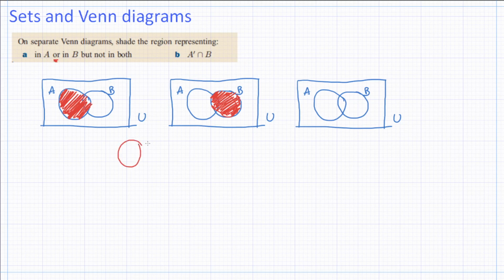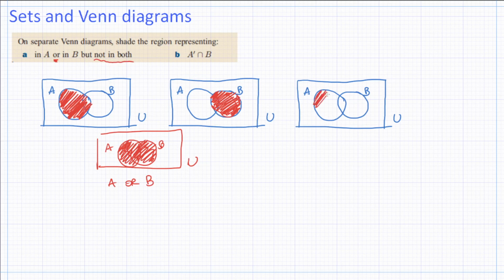So I'm talking about A or B. That would be A or B. Right? However, not in both. So I'm taking away the intersection.